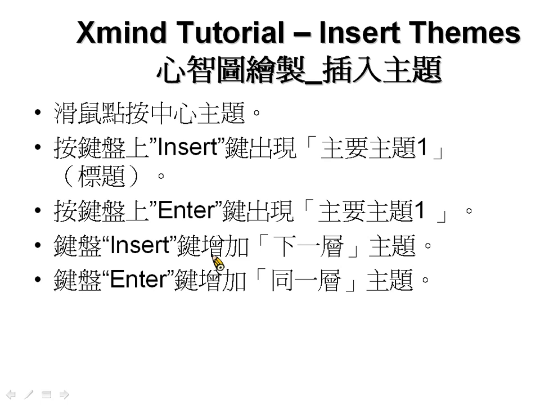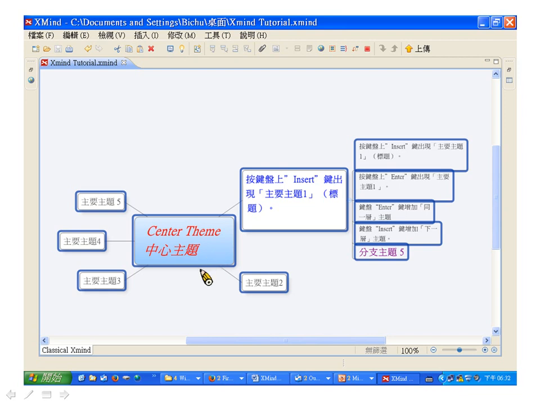And if you hit enter again, it will show you another major topic. If you hit insert, it will add the subtopics, the next ranking subtopic. If you hit enter, it will create another topic at the same level. So it will look like this.